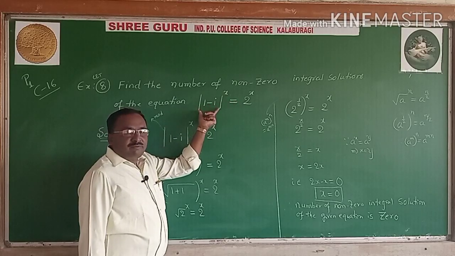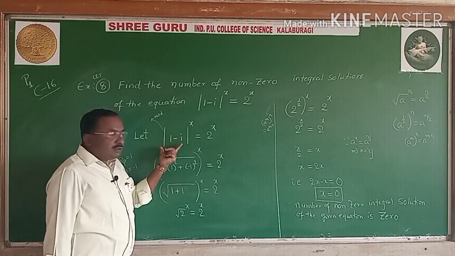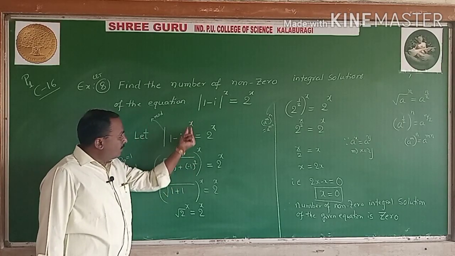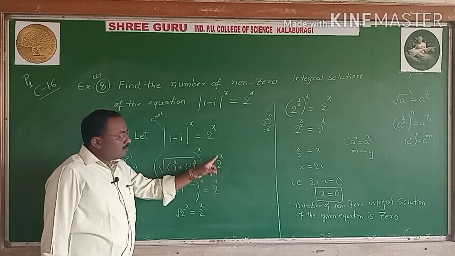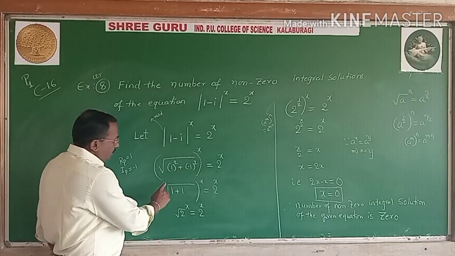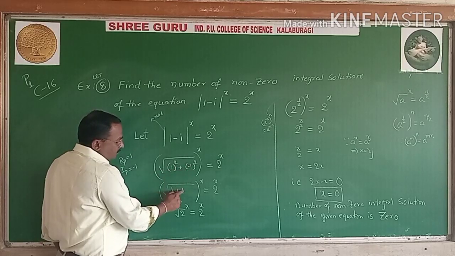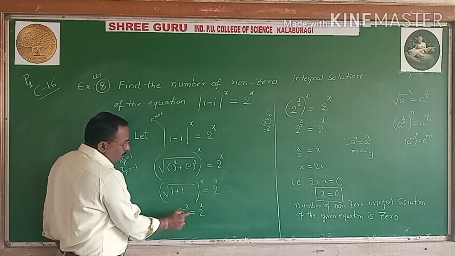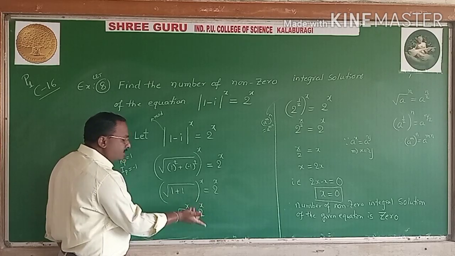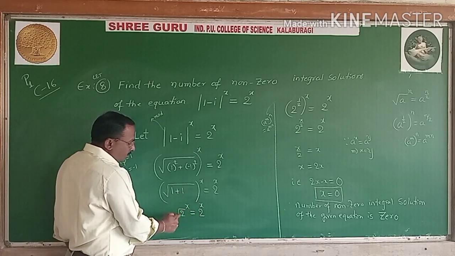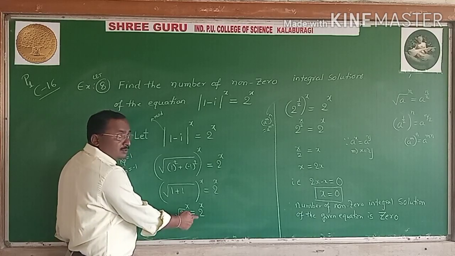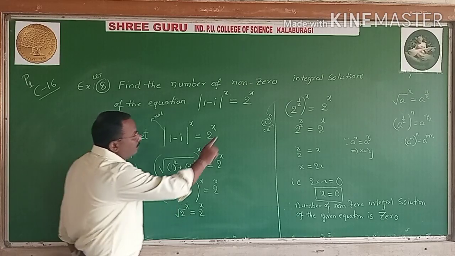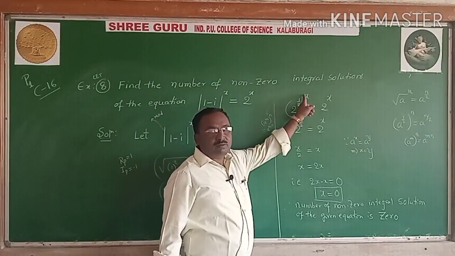This is the definition of modulus: the square root of real part square plus imaginary part square, power x as it is, equal to 2 power x. 1 square plus 1 square is 2, so (root 2) to the power x equals 2 to the power x. Convert to the same base: root 2 is 2 to the power 1 by 2, so 2 to the power 1 by 2, whole power x.